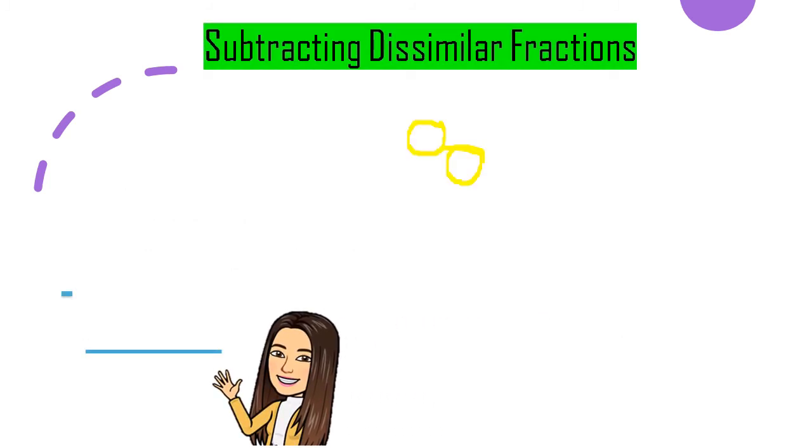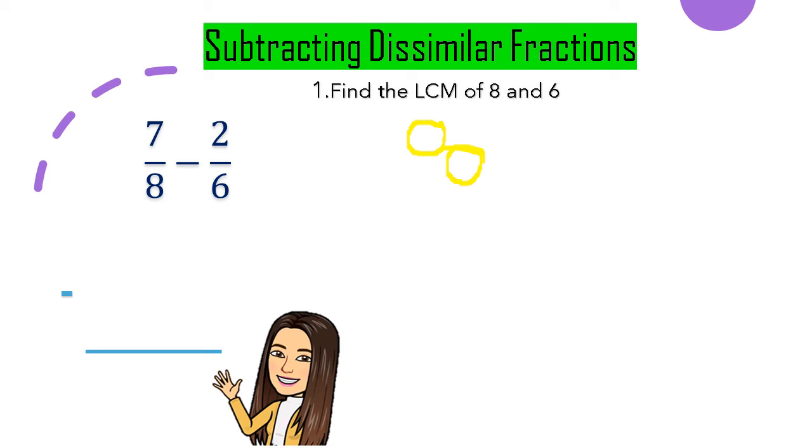Now let us go to subtracting dissimilar fractions. 7/8 minus 2/6. First, find the LCM of 8 and 6. By using the listing method, that is 8, 16, 24. 6, 12, 18, 24.